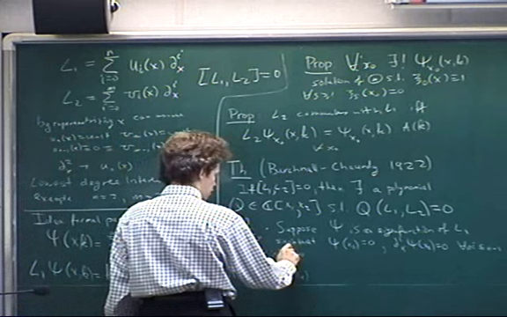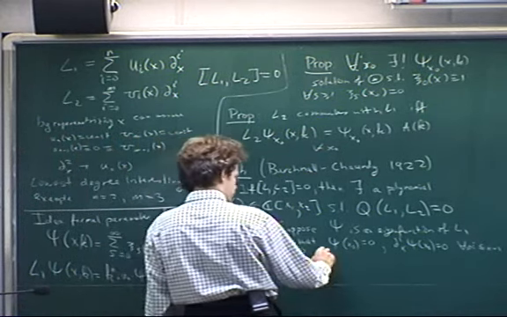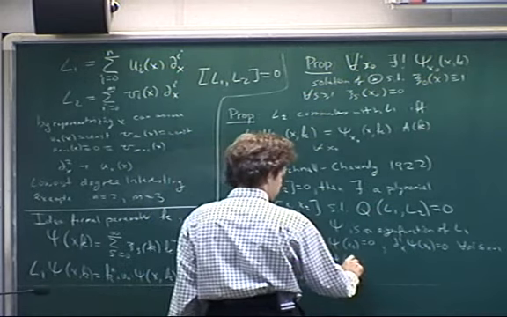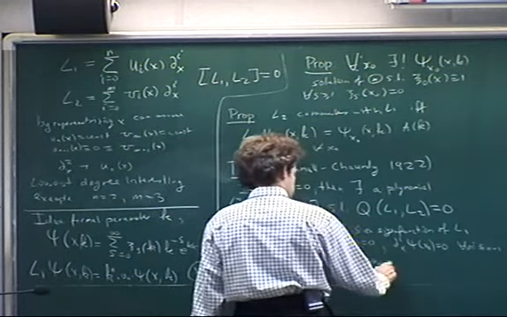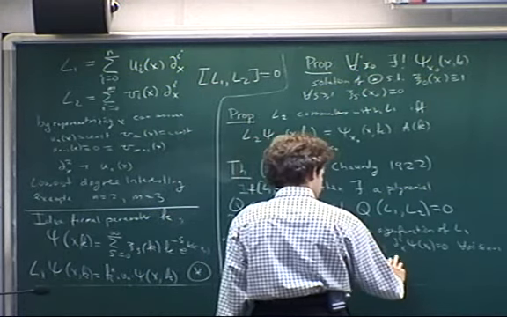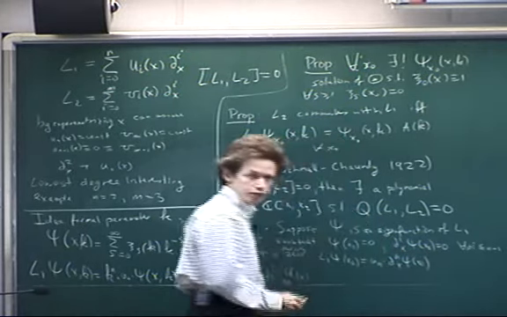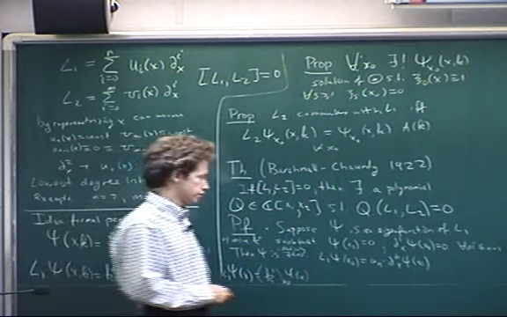Identically 0. Because indeed, you see, if you apply L1 to psi and evaluate this at x naught, this will be essentially u_n times the nth order derivative of psi at x naught, because all the lower order derivatives just vanish. All right?